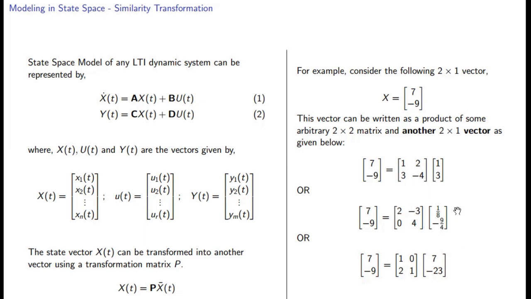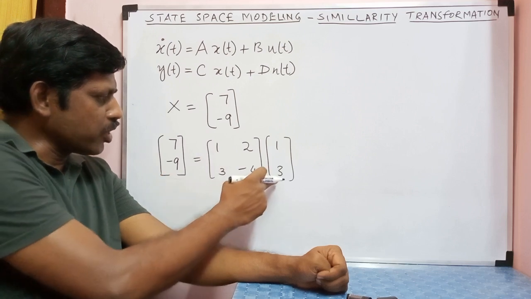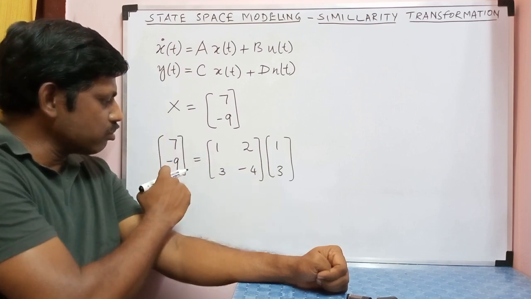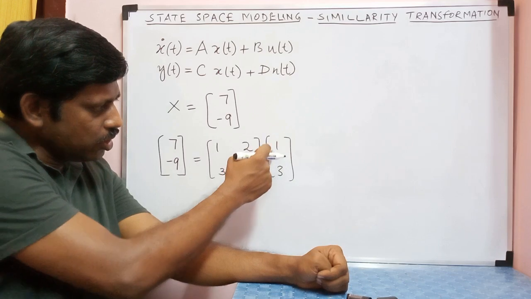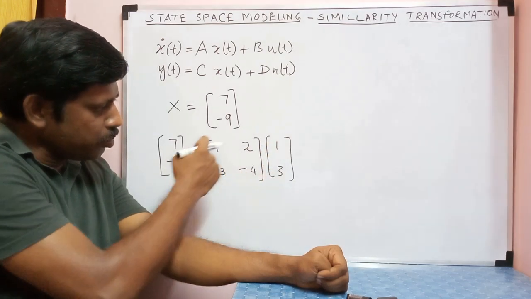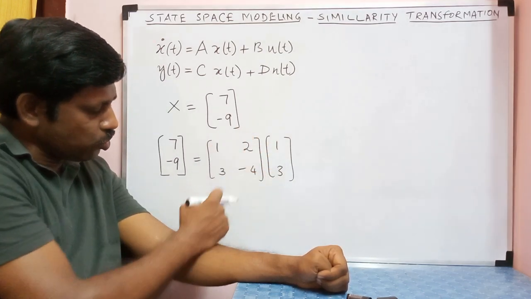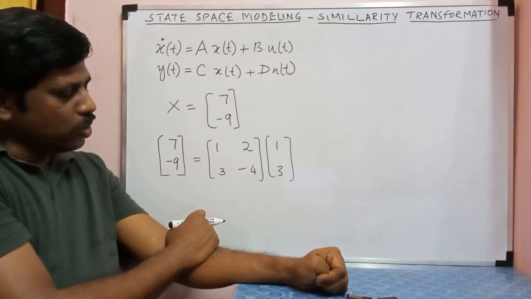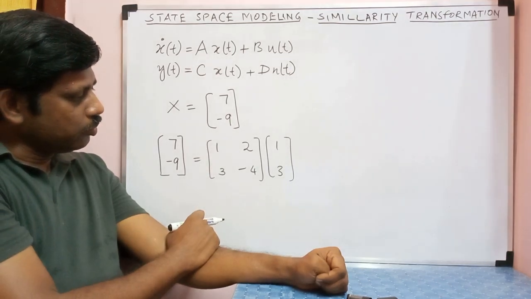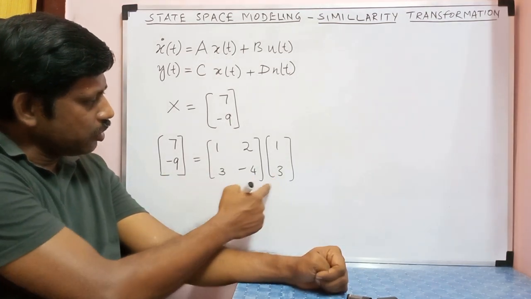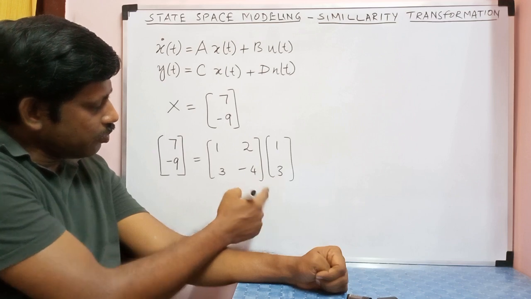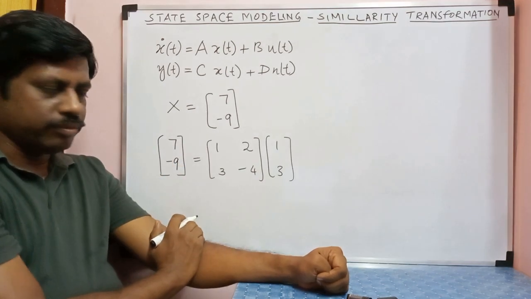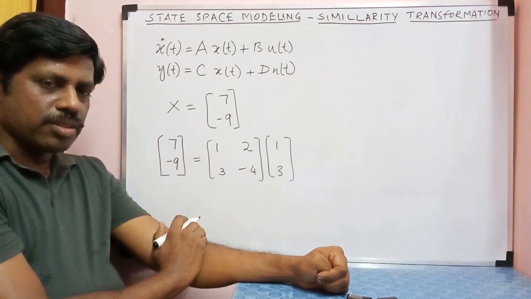Okay. So what you will be able to see here is, I have a vector 7 minus 9. I am connecting this 7 minus 9 to another vector 1, 3 through a square matrix. So now the question is, this is one vector and this is another vector. Whether I can get the second vector from the first vector. Yes, I can get.